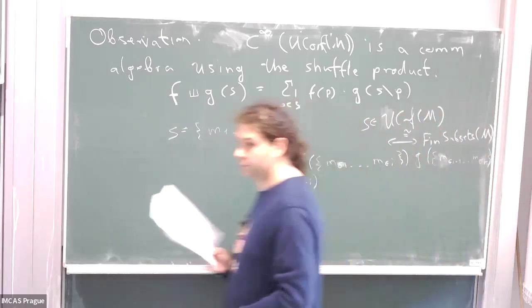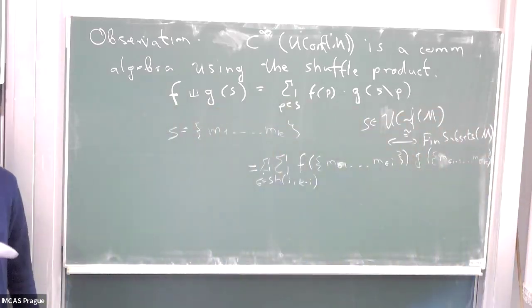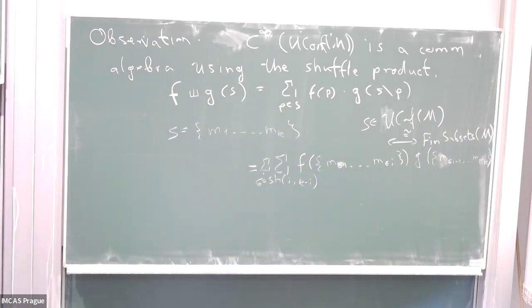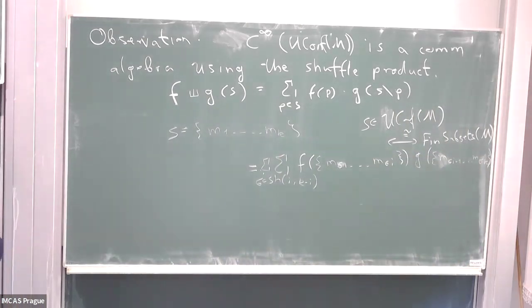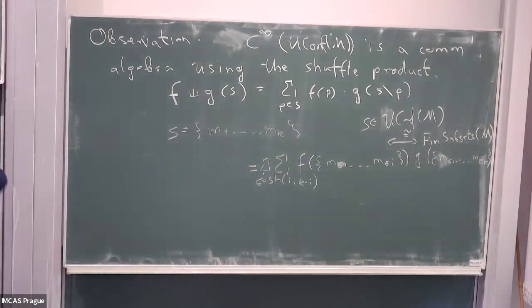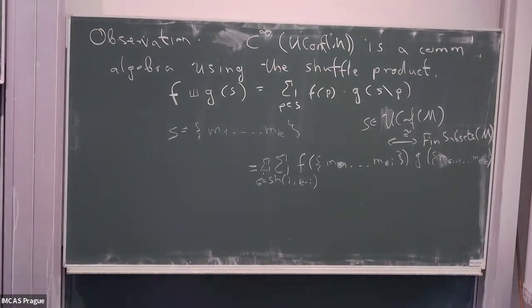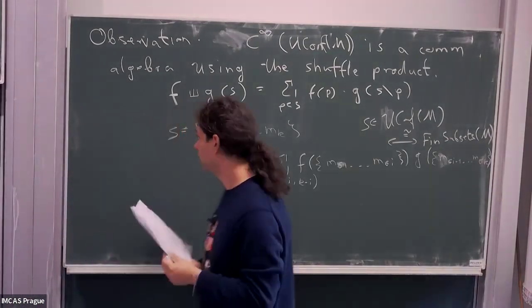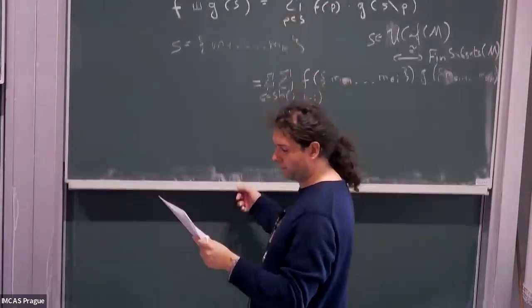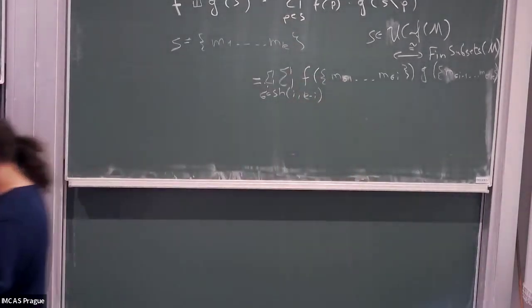And then there's the version with no shuffles, just taking all permutations of elements. Yes, but then you would rescale usually. It depends on how you normalize things, but you could do it with all permutations if you liked. But then, of course, you have some redundancies, because the permutations act trivially on F and G. Okay, thanks. Sure.